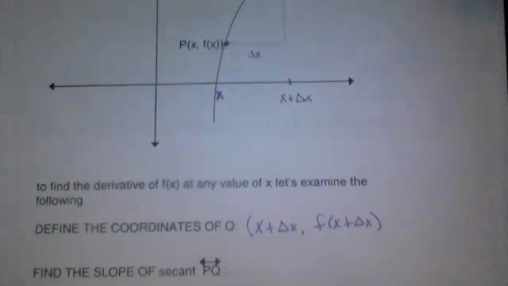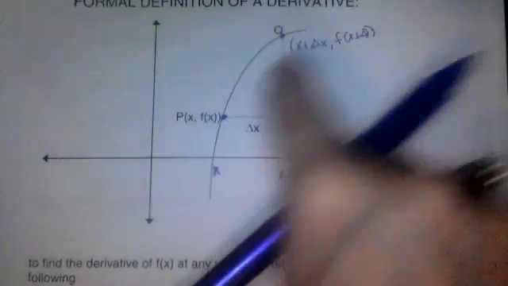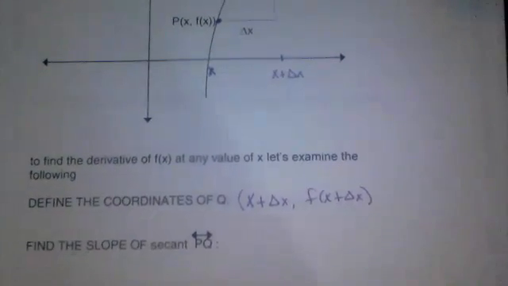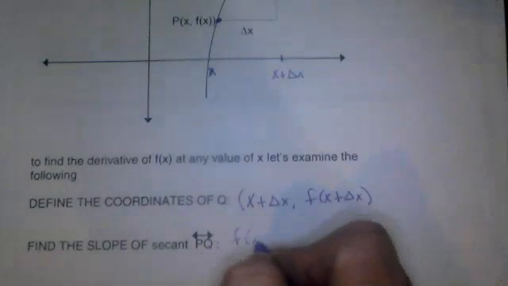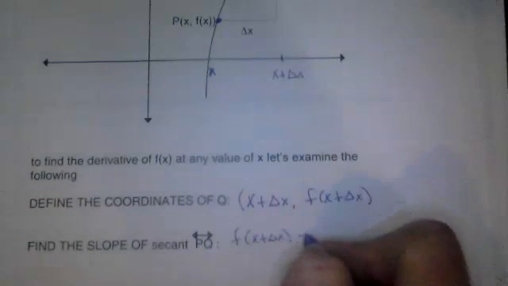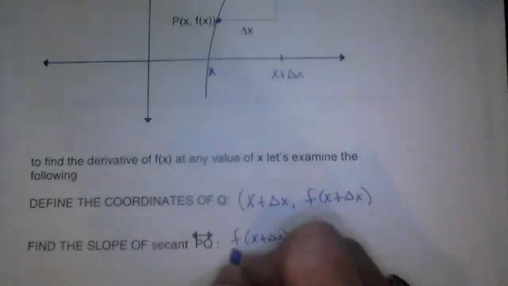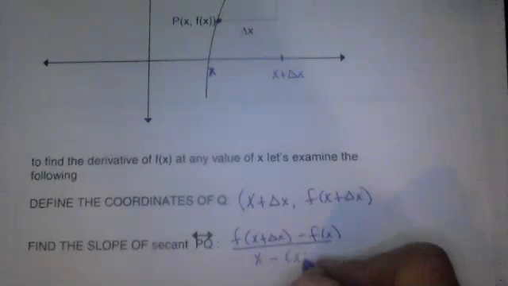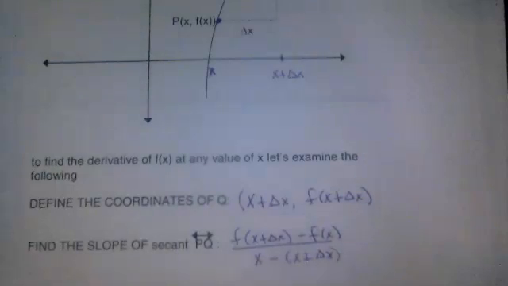And then the slope of the secant line, the slope of the line between these points, just y minus y over x minus x. So we're going to have f of x plus delta x minus f of x over x plus delta x minus x.